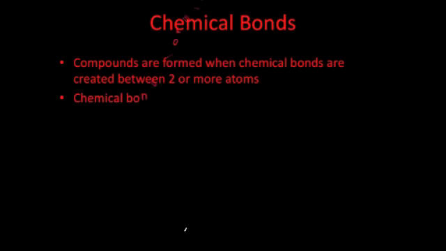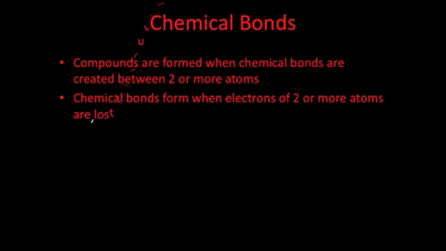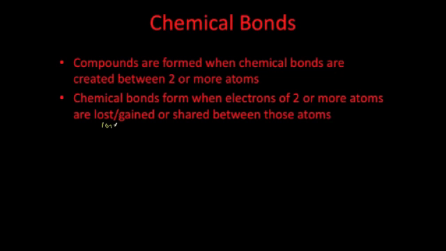And when electrons are lost or gained, they form ions. So when an atom loses or gains an electron, it forms an ion, and ionic compounds are formed. When they share electrons, they form covalent bonds, and covalent compounds are formed.